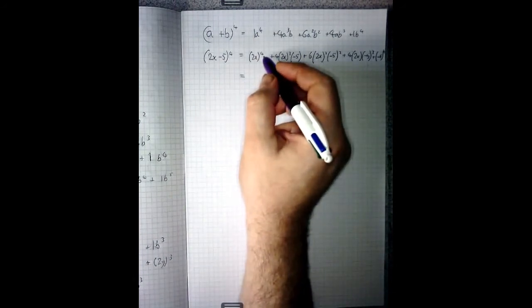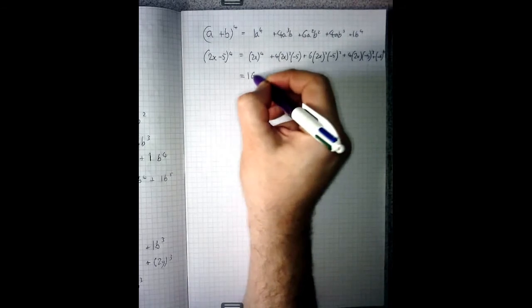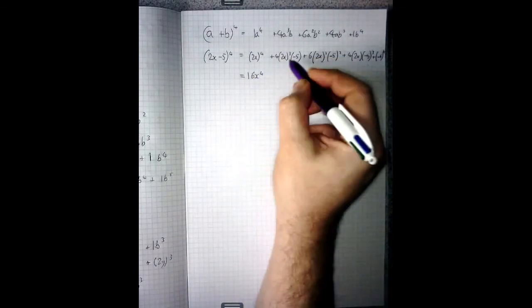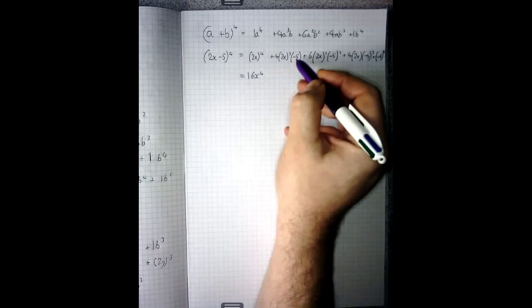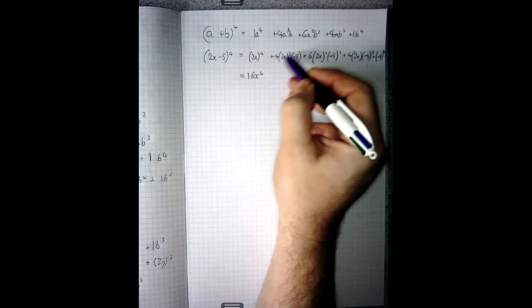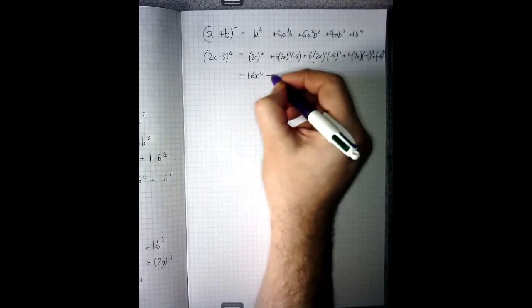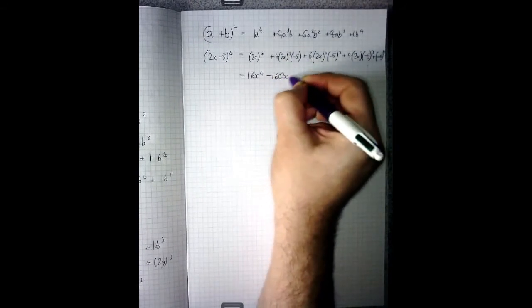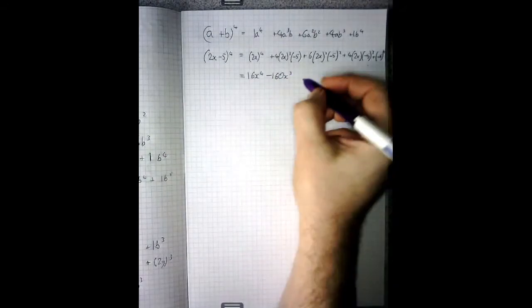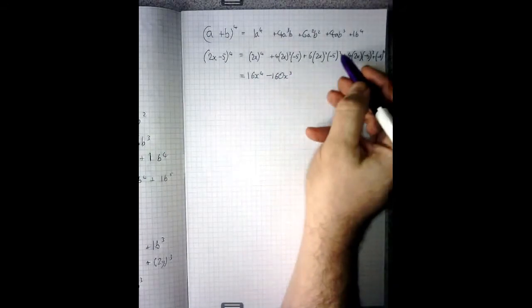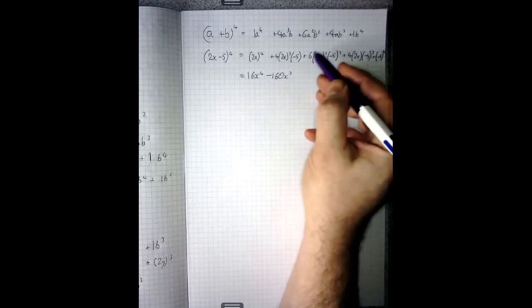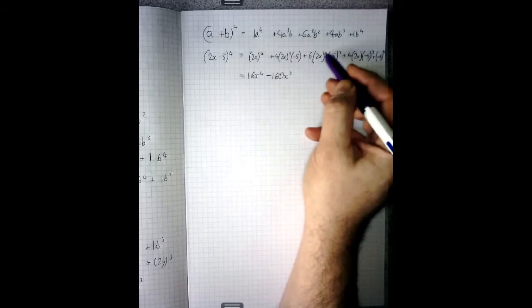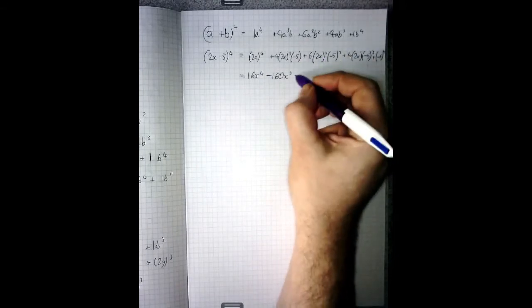Okay. Well, 2⁴ is 16, so (2x)⁴ is 16x⁴. Straightforward enough. This is going to be a negative term because of my minus 5. So I've got −5 times 4, that's 20. 20 times 2³, 20 times 8 is 160. So −160x³. This is going to be positive because my negative term is squared. 25 times 6, that's 150. 150, 2² is 4, so 150 times 4 is 600.